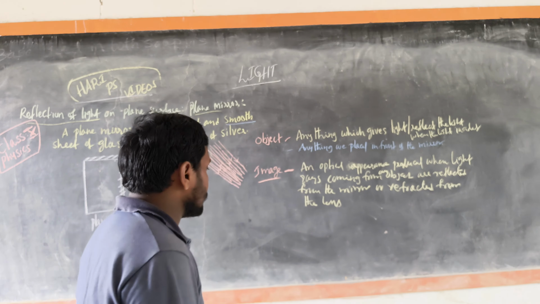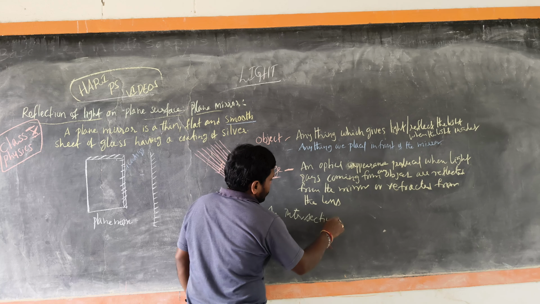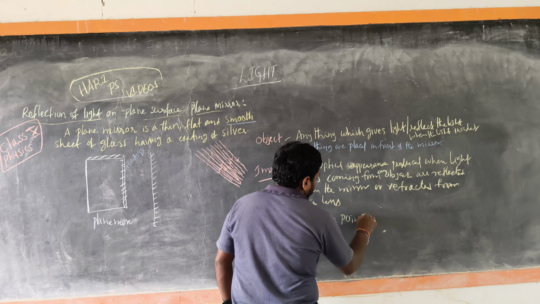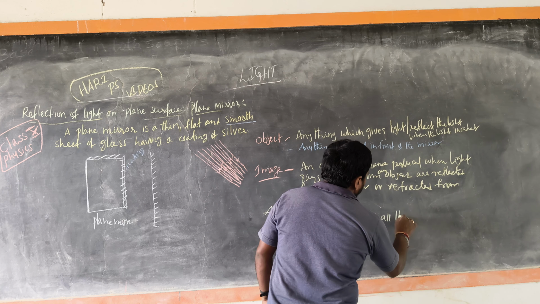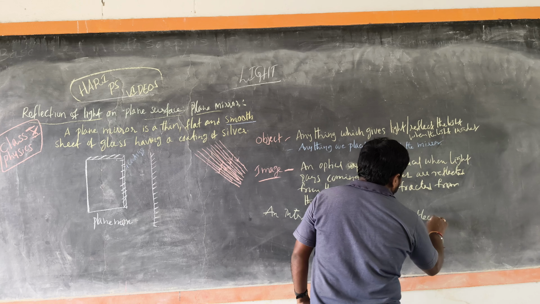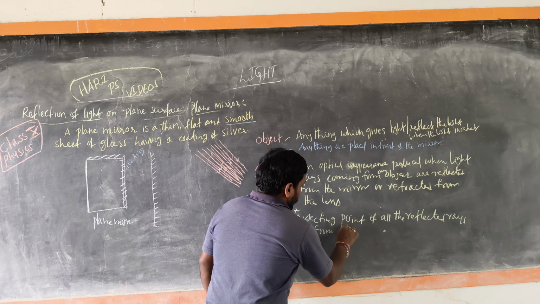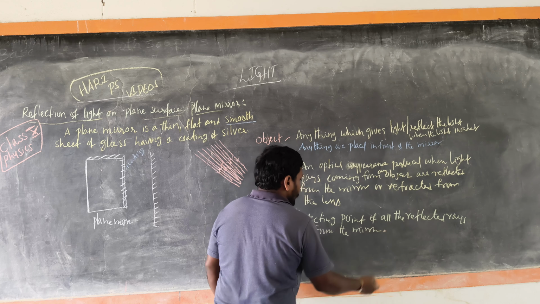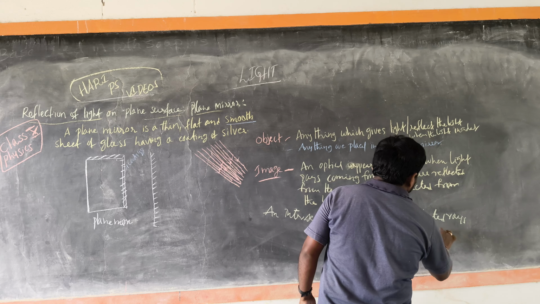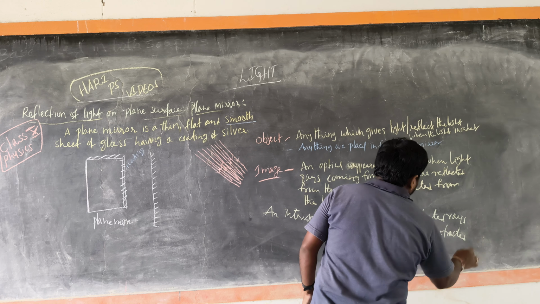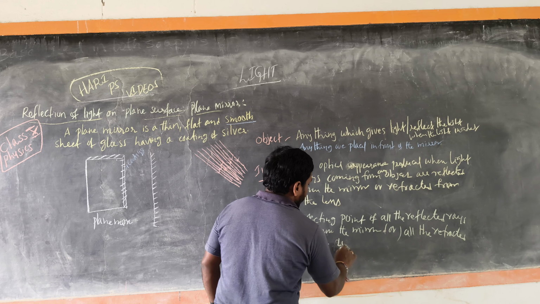So, image is an intersecting point of all the reflected rays from the mirror, or all the refracted rays by a lens.